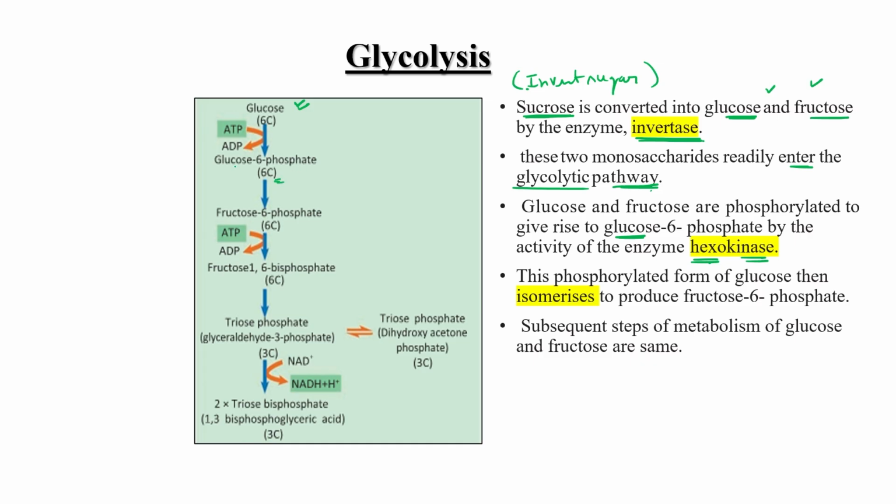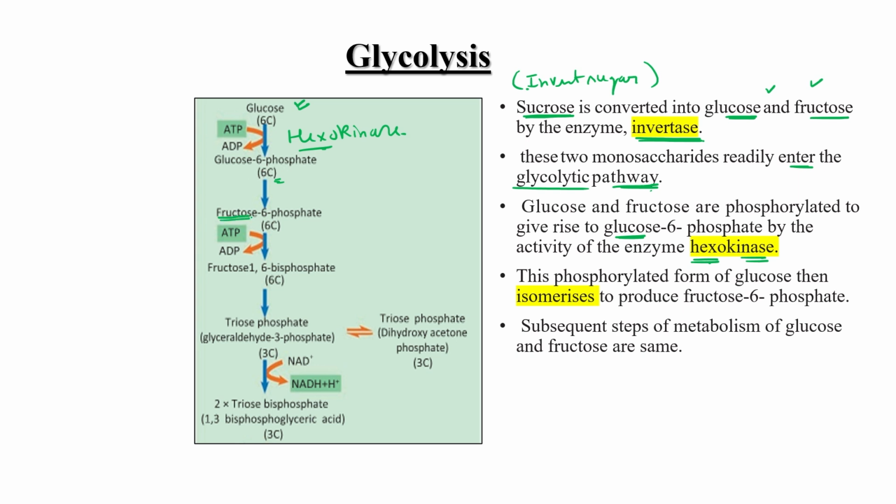That's why it is written over here glucose 6-phosphate in the presence of hexokinase enzyme. Why? Hexa for glucose, kinase means ATP is being utilized over here. ATP gives its one phosphate to glucose.